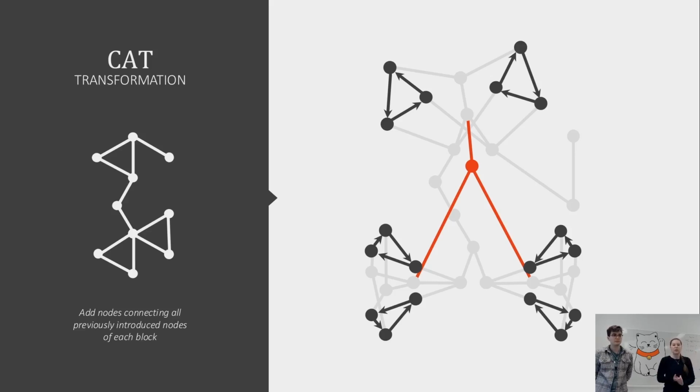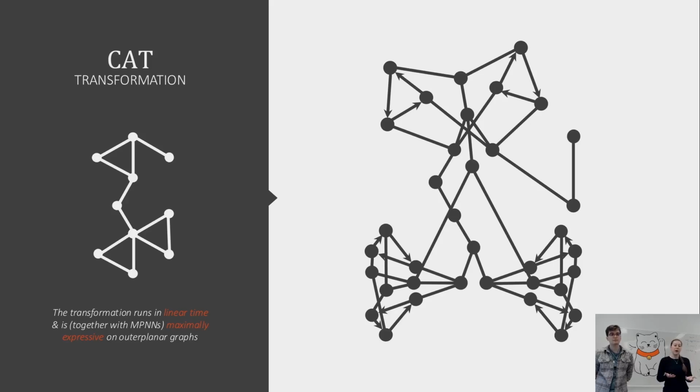And this would not be necessary for the expressivity, but in practice it's quite useful. And this way we can transform the outerplanar graph in linear time to make it distinguishable by MPNNs and by Weisfeiler-Lehman.